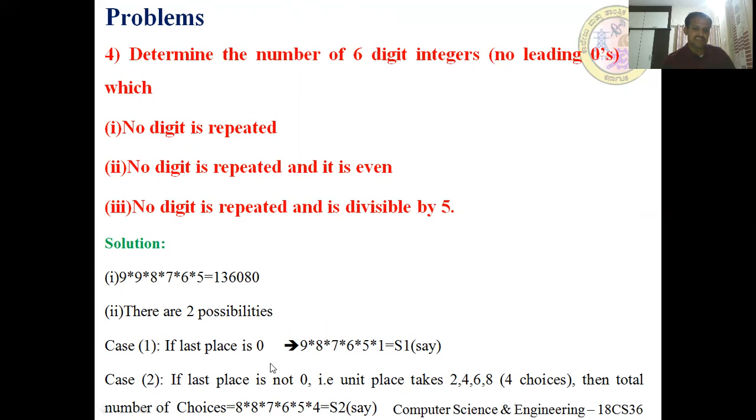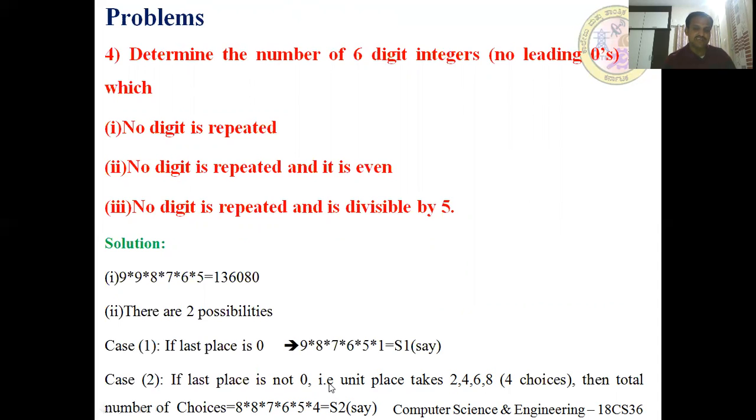In the first case, we assumed that the unit place is 0. In the second case, we assume that the unit place is not 0. That is, the unit place can take either 2, 4, 6 or 8. That means the unit place will have 4 choices. Either I can place 2 here or 4 here, 6 here or 8 here.